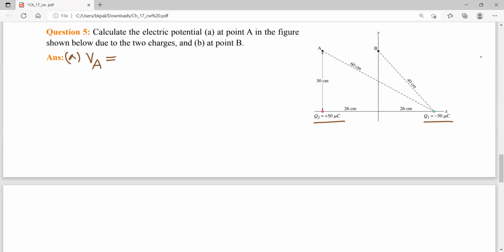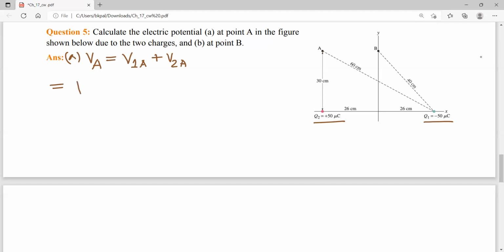VA will be equal to V1 at position A plus V2 at position A. That means V1A is the potential due to charge Q1 at position A, and same thing for V2A: V2A is the potential due to charge Q2 at position A. So what are those?